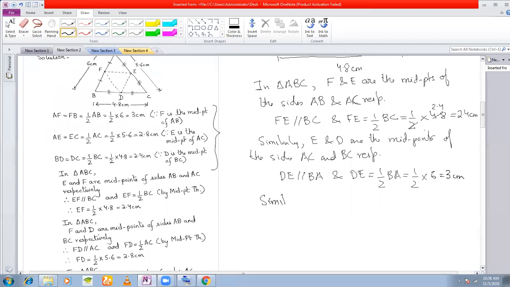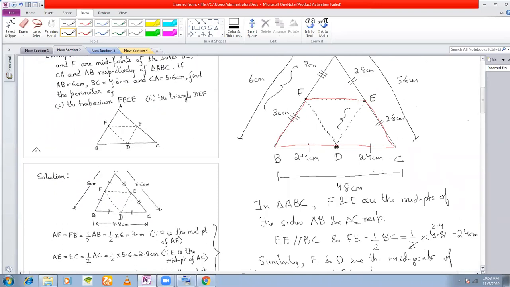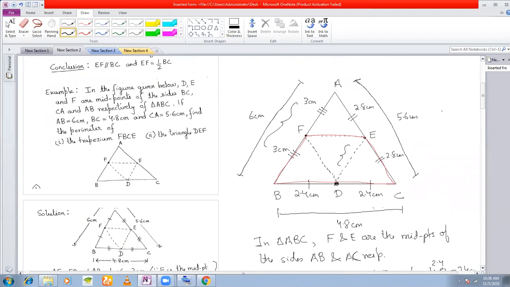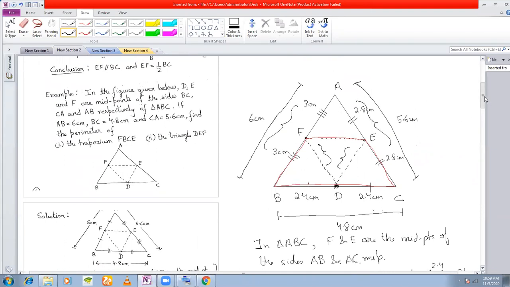Similarly, what can you say? D and F are also midpoints, right? So this side must be parallel to this side, and its length must be half of that side, right?